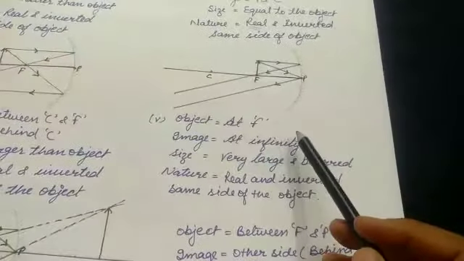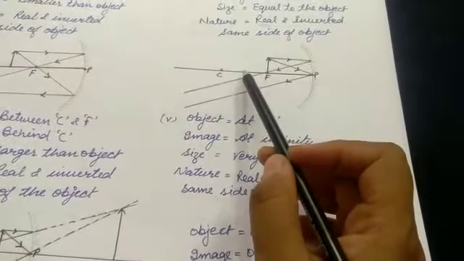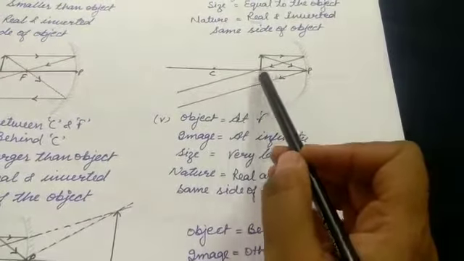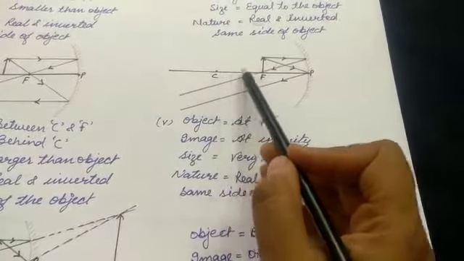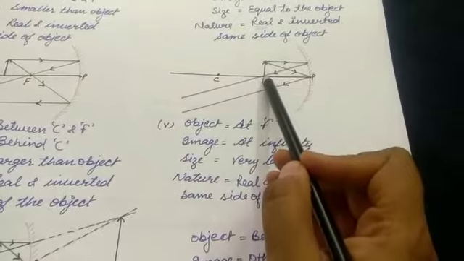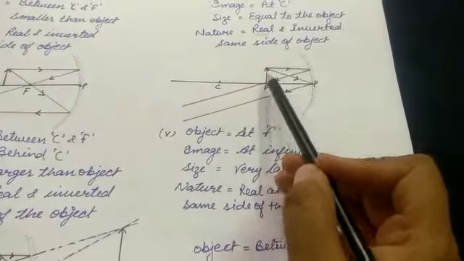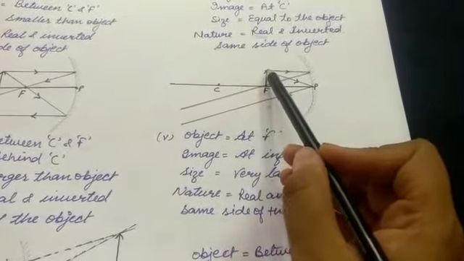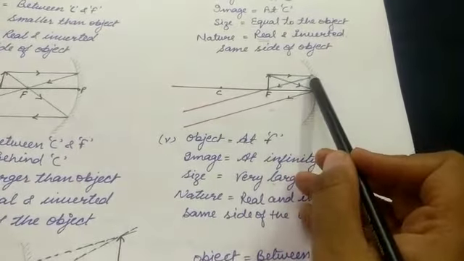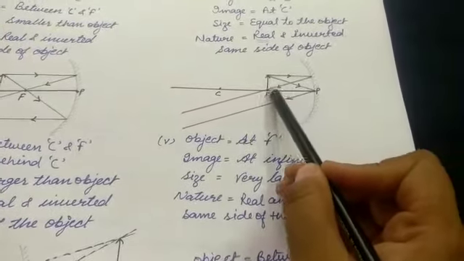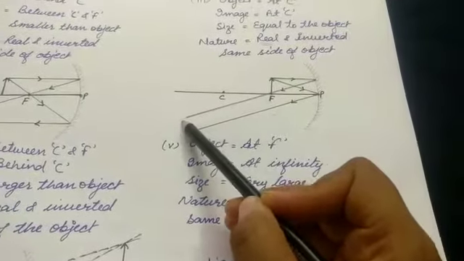Now the fifth case. We have brought the object closer. Earlier it was between C and F, now it is at the focus point. So we have kept the object at the focus point. The first light ray, again, is parallel to the principal axis, and after reflection it passes through the principal focus.